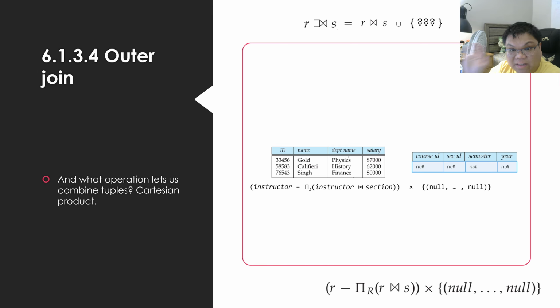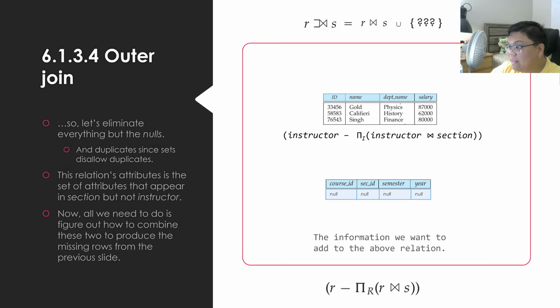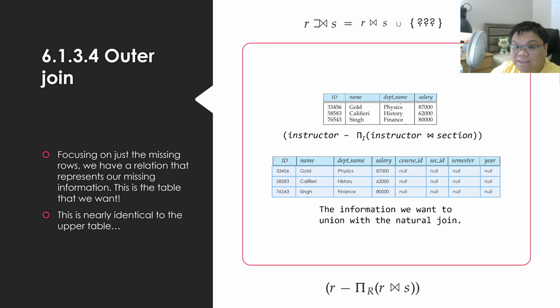And there is a special case of Cartesian product in which one of the relations has exactly one tuple, one row. Basically, you just take the other table and concatenate its tuples with a copy of just the one tuple. So if we did the Cartesian product of this relation, which is the missing instructors in our natural join, with this relation full of nulls, we would then get this relation.